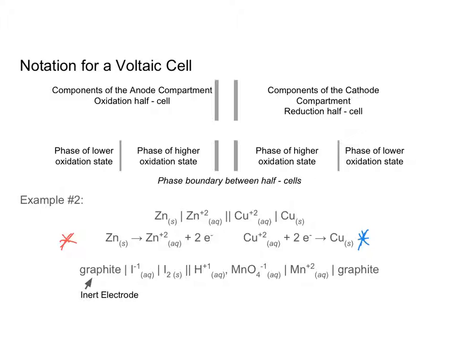Okay? So that is the format in which you would write voltaic cell notation. If by chance you have an inert electrode, one that doesn't react, non-reactive, you simply add that to the end of it. Okay? But in the case above, the electrode itself, remember, is the solid portion.